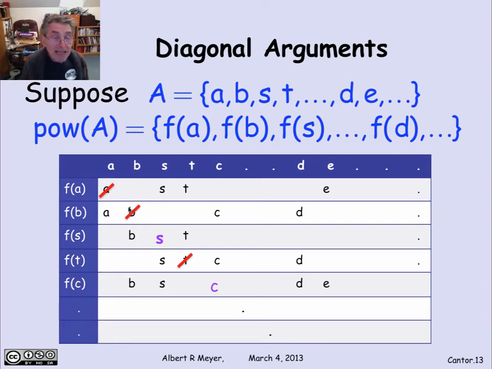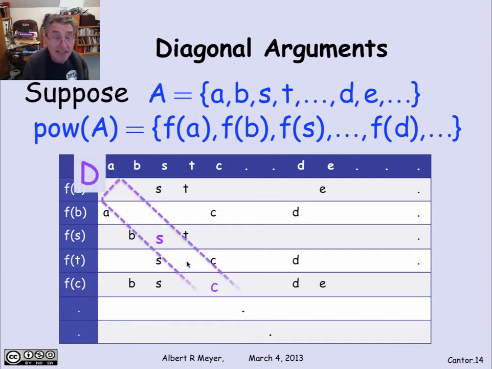If B is in f of B, meaning that B appears in the f of B row under the column B, it's not going to be in my set. On the other hand, S is not in f of S because there's no S there, so I'm going to put an S there in magenta. And likewise, I'm going to stick elements in or out the opposite of whether they appear on the diagonal. And this is going to give me a set D, which is going to be my diagonal set.